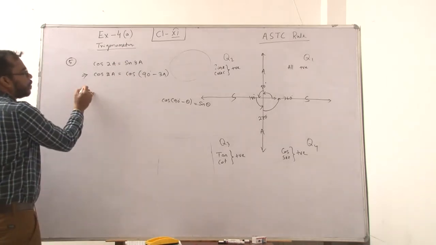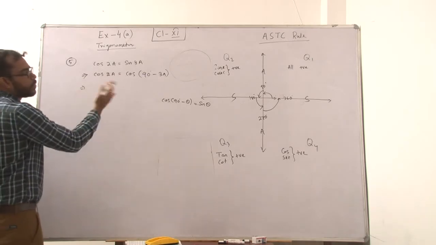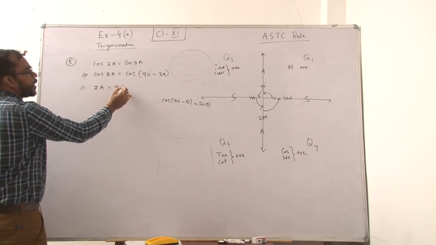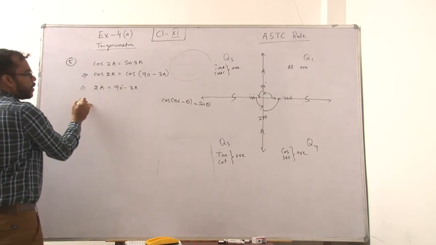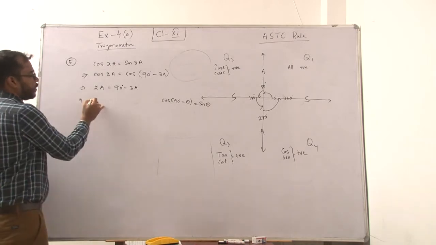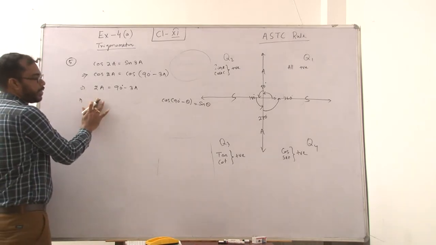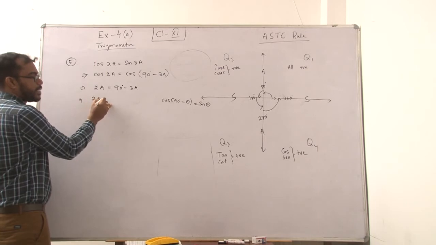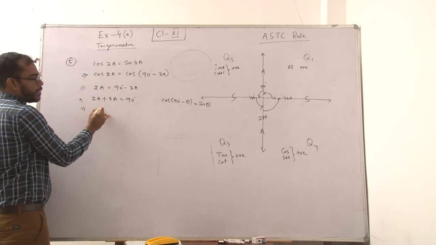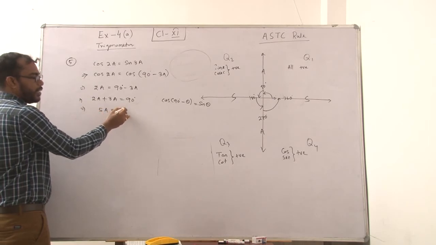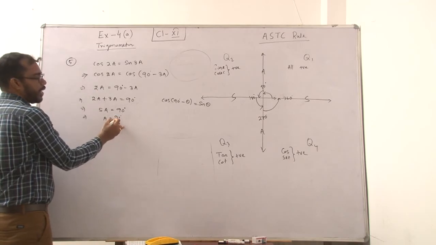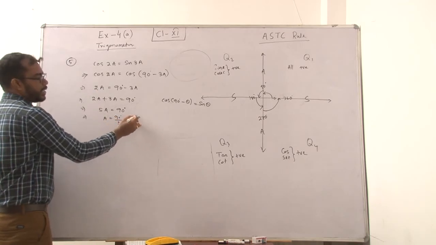So both are the same. If you compare it, then we get 2A is equal to 90 degree minus 3A. So if we take 3A to the left portion, then we get 2A plus 3A equal to 90 degree, and that implies 5A is equal to 90 degree, and A is equal to 90 degree by 5, that is 18 degree.